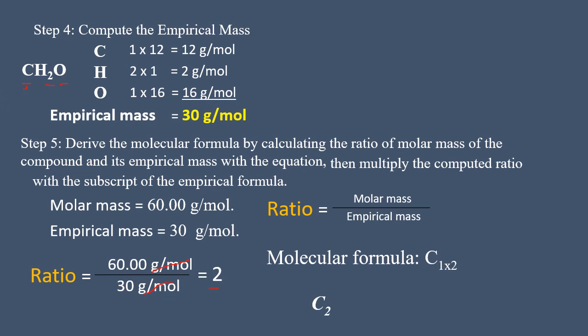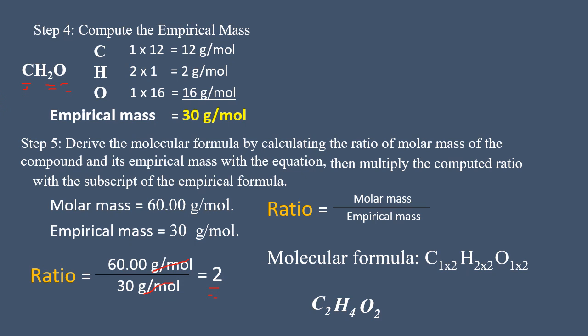For hydrogen, we have 2 atoms in the empirical formula multiplied by 2, which is the ratio, will give you 4 atoms of hydrogen. And lastly, for oxygen, we have 1 atom in the empirical formula multiplied by 2, which is the ratio, will give you 2 atoms of oxygen.